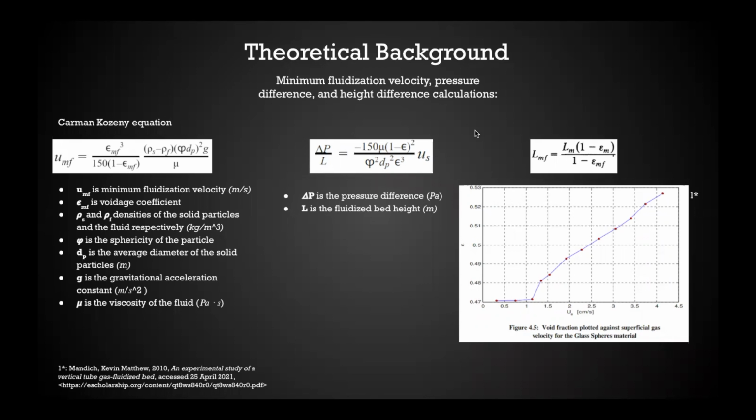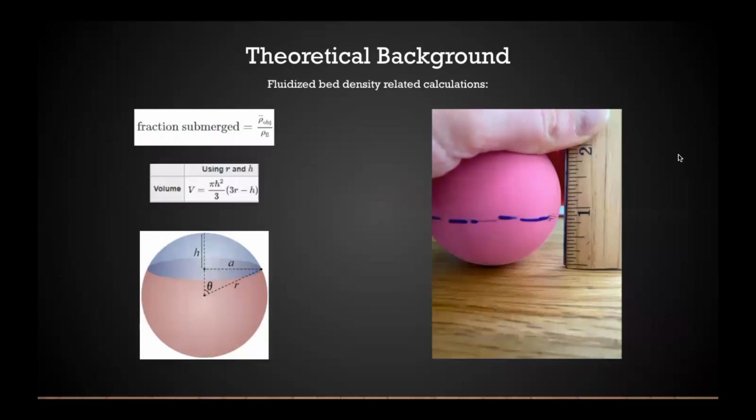Initially, our plan to determine the density of the fluidized bed was to interpolate the values of the densities of two objects. One of them would sink and one of them would float on top of the bed. That is how we wanted to calculate the overall density of the fluidized bed.